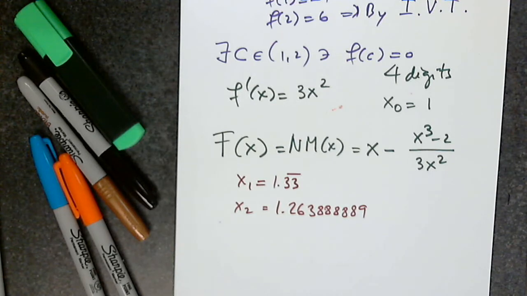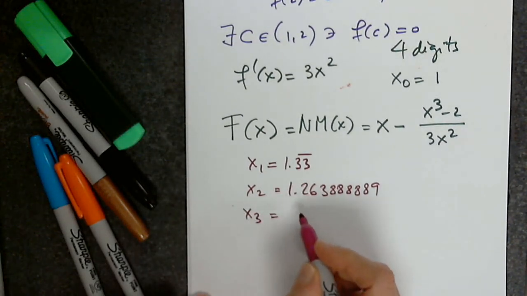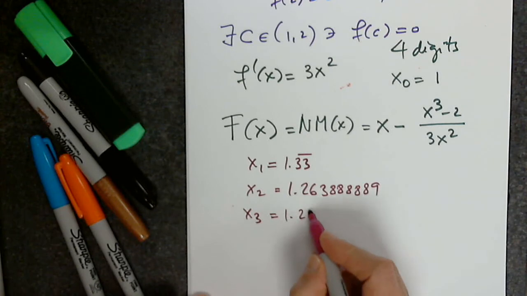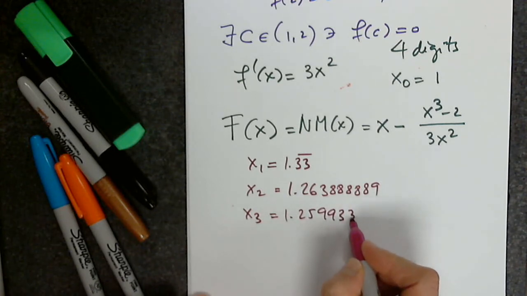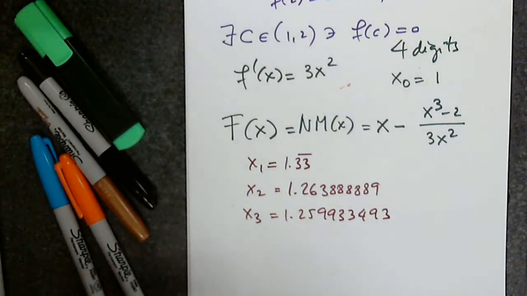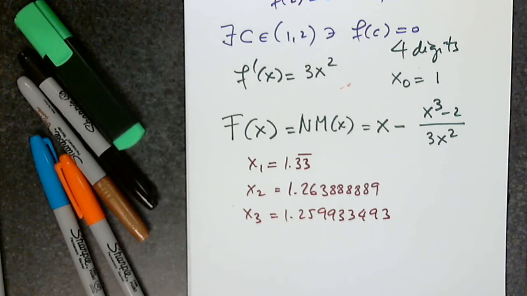Now I press enter again, and the next answer is x3, and it's 1.259933493. We're not at 4 digits yet, so I will do the same one more time: second and entry, and press enter.